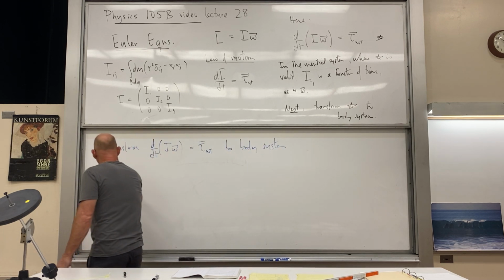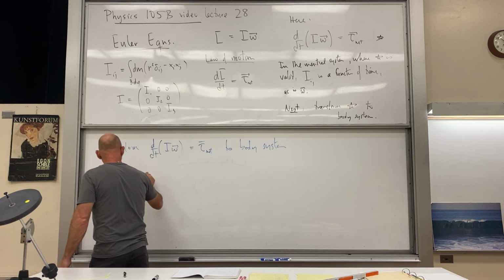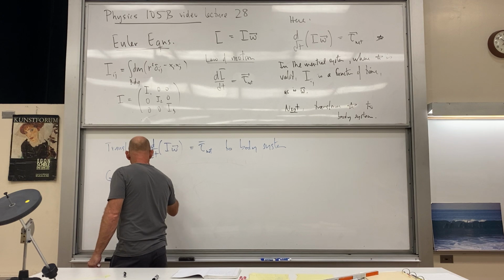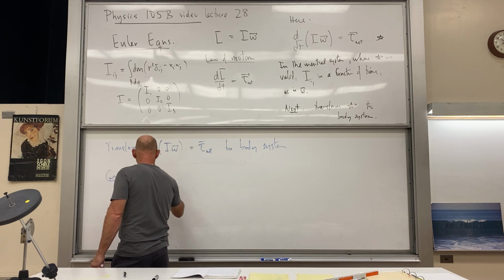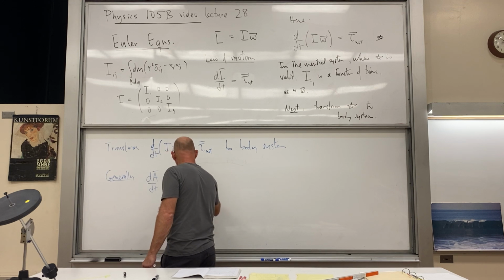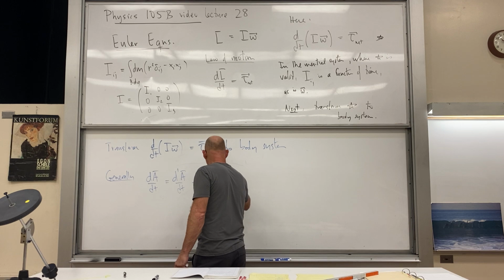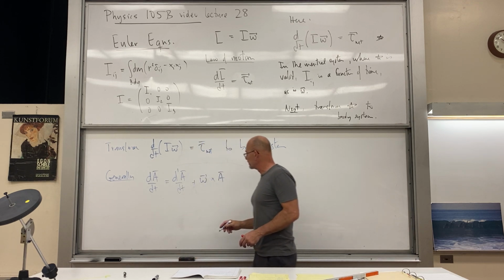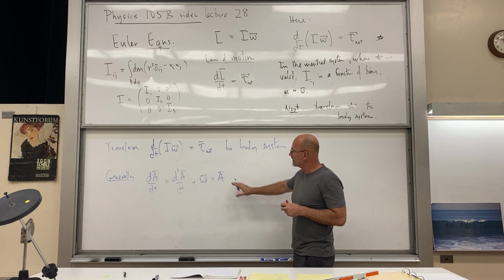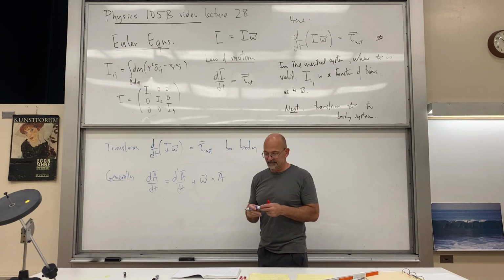So generally, we have this relation: dA/dt equals d'A/dt plus omega cross A. So we have to do this operation on our equation of motion right here.